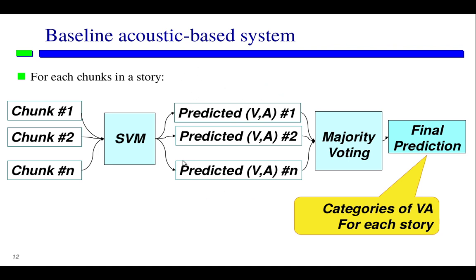So for each story there are many results, and to obtain the result for one story, they use majority voting. So they use the most frequent label as the final prediction. So here they use output aggregation, not input aggregation. But I propose to use input aggregation, or acoustic feature aggregation.